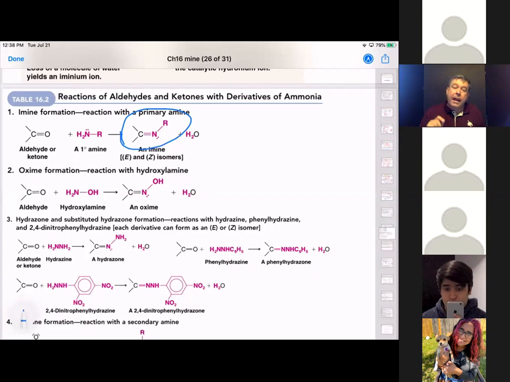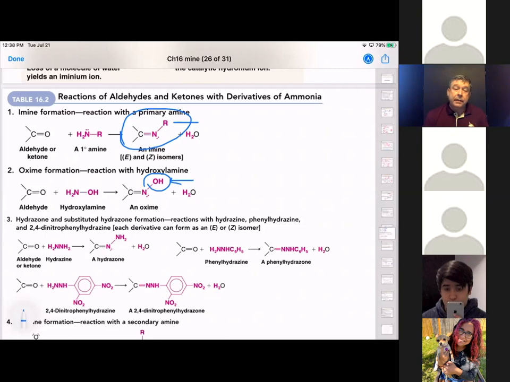However, if you don't have a hydrogen or a carbon on there, we can actually have other groups there, oxygen, nitrogen, or even other groups, and that will change the actual name of the compound. So in the case of, if we replace that hydrogen or that carbon group right here with an OH group, this is what we call an oxime, okay?